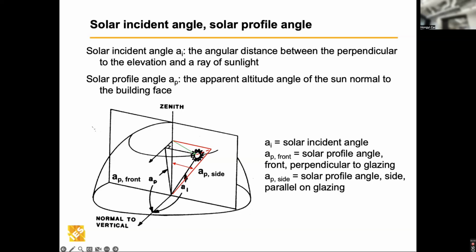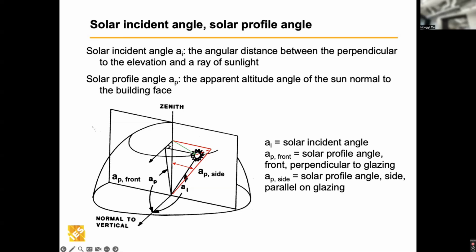So let's do the judgment by the definition. The front profile angle means the sunlight projected on the perpendicular surface, which is perpendicular to the window gradient. That's this wall, right? The projection of the sunlight on this wall and the normal direction.